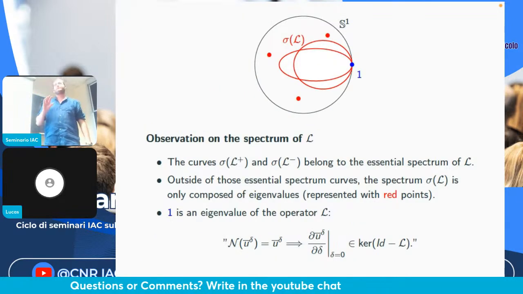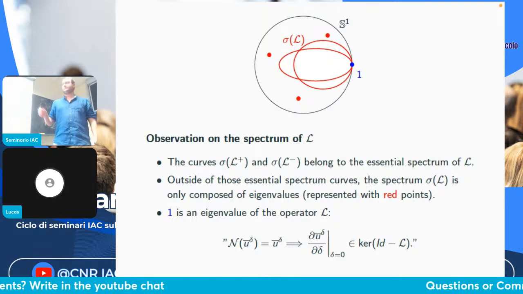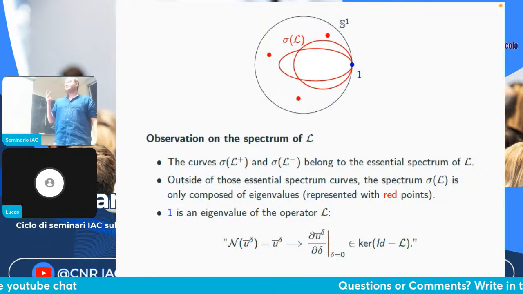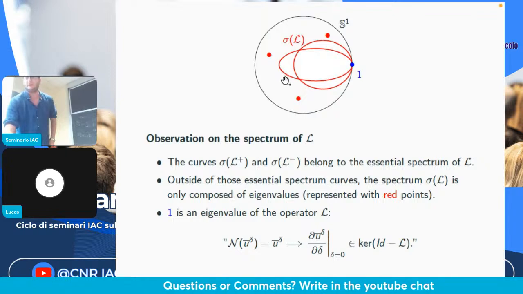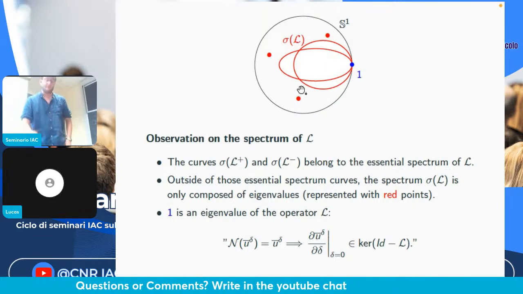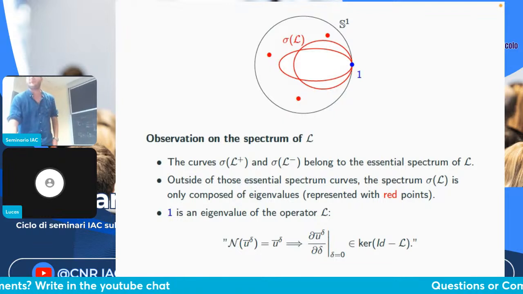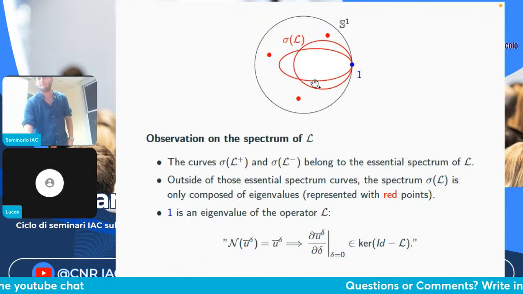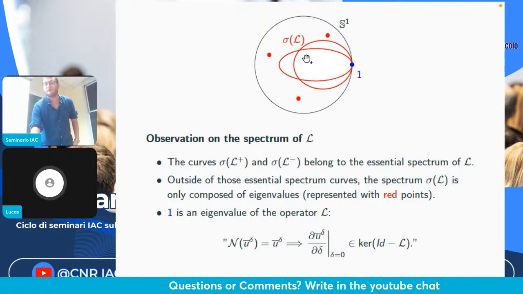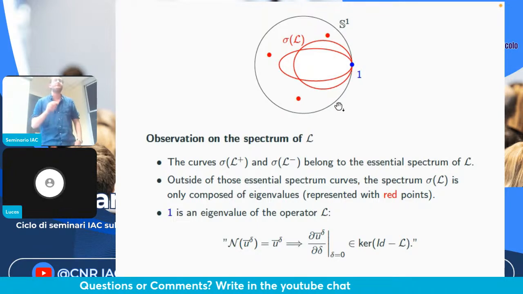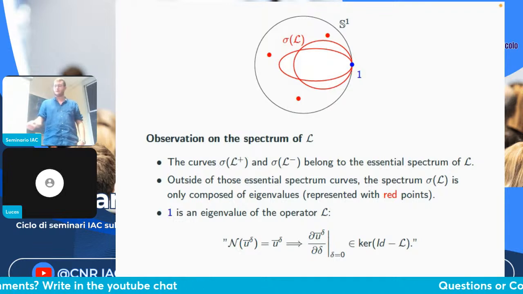So I'm just recapitulating the information that is known. The first thing is that the spectrum of L plus and L minus will belong to the spectrum of the operator L. Second point is that outside of those curves of essential spectrum, there will only be point spectrum, meaning that there will only be eigenvalues.